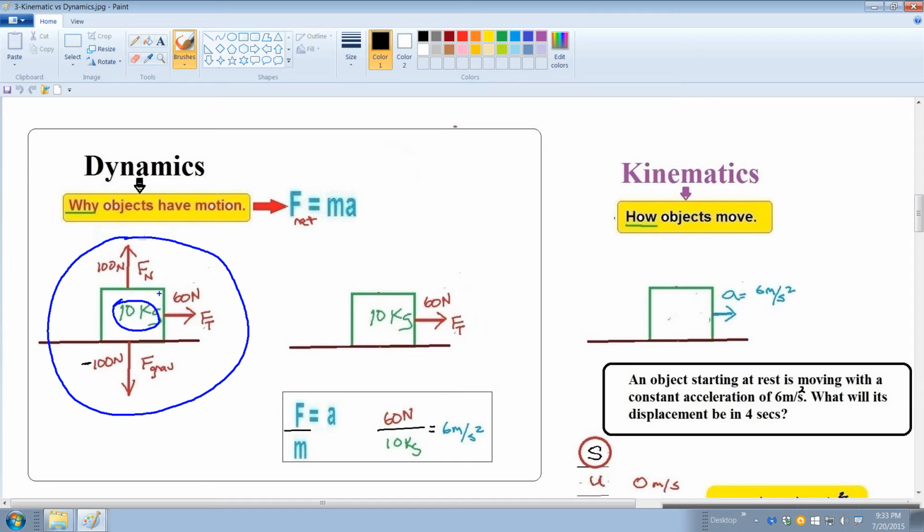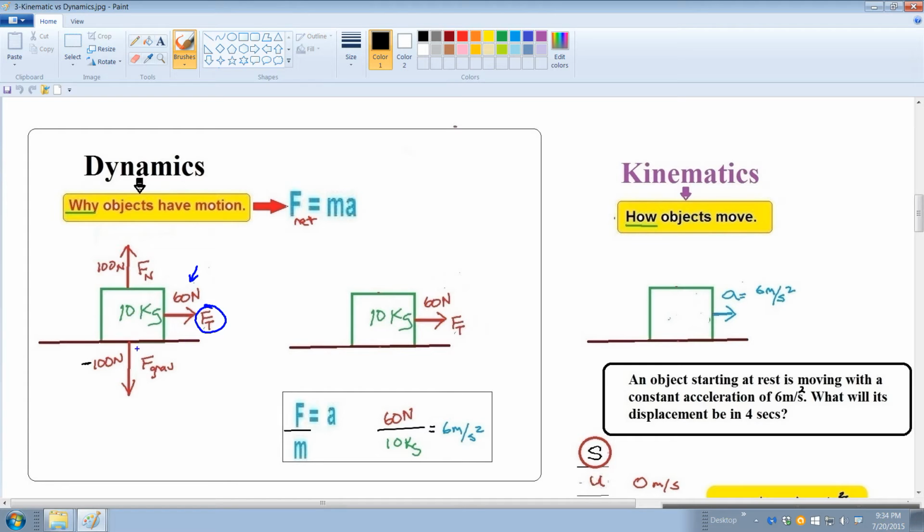A free body diagram is typically drawn where the forces radiate out from the object in the x and y direction, and you label them and put the amount of newtons that each force has. So we have this object that's sitting on ice, and we're going to be pulling it with a constant tension force of 60 newtons.